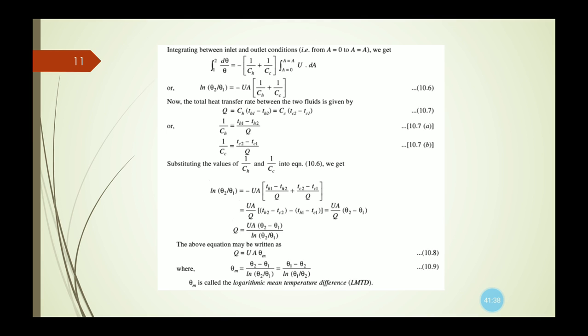So this is the representation of the LMTD, or logarithmic mean temperature difference, in case of the parallel flow.